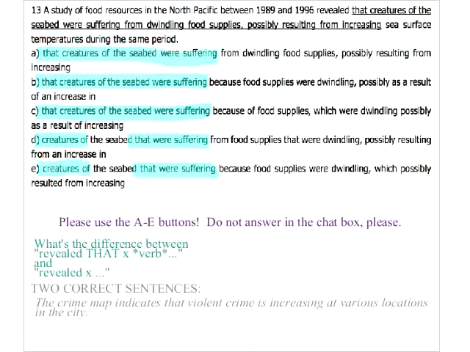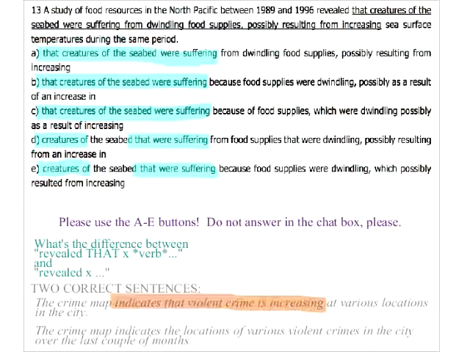Another correct sentence is: the crime map indicates the locations of various violent crimes in the city over the last couple of months. So both of these are actually correct. So let's talk about the difference in what's going on here. We have indicates that violent crime is increasing versus indicates the locations. What's the difference here?